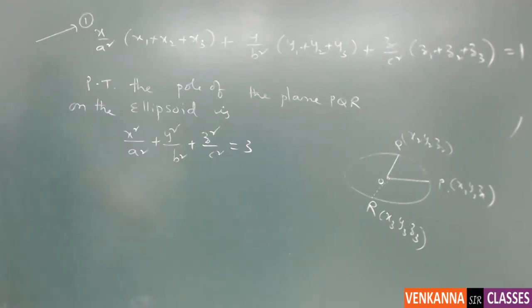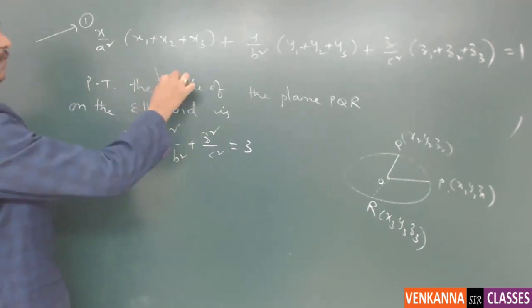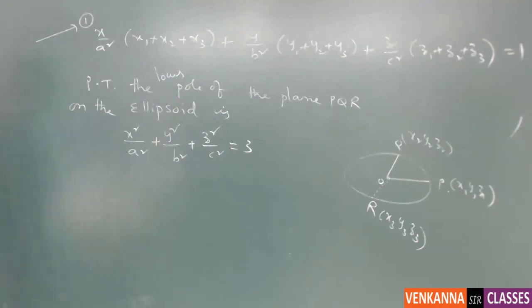In other words, prove that the locus of the pole of the plane PQR on the ellipsoid is this. After noting the problem, please tell me, is the question part clear for you?